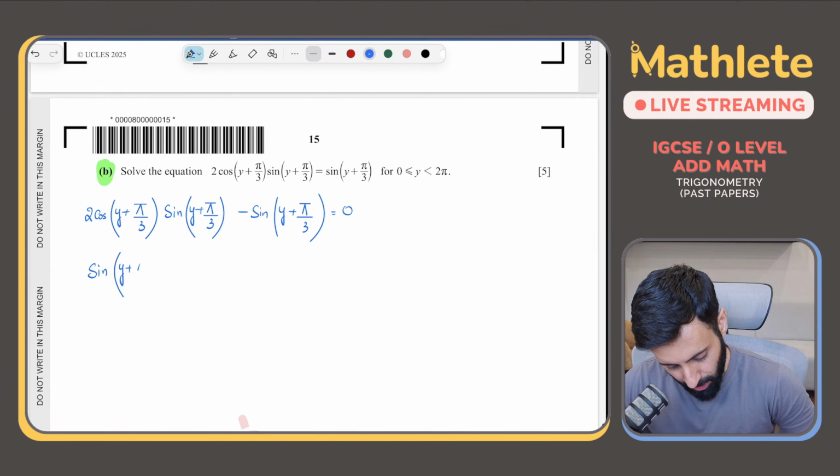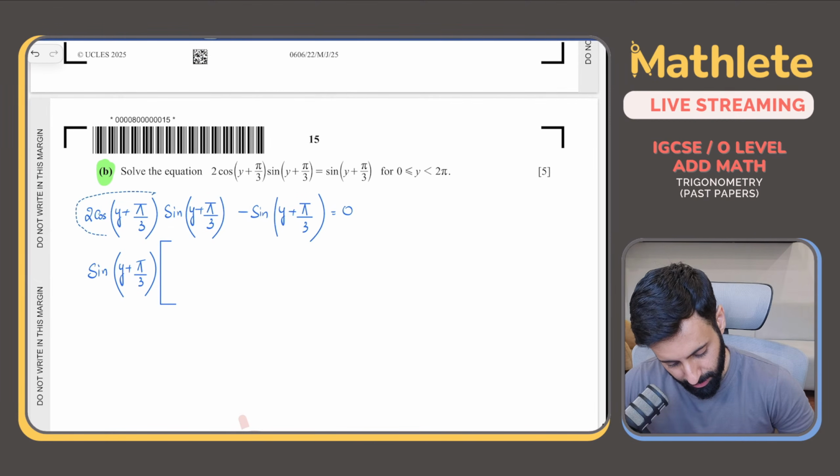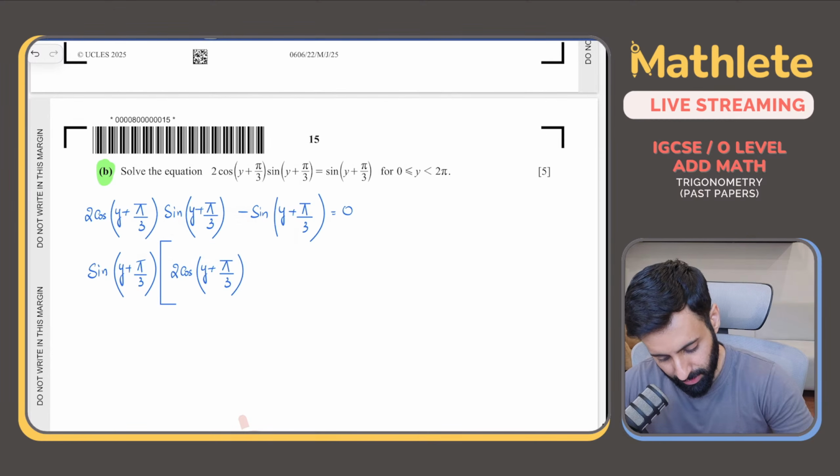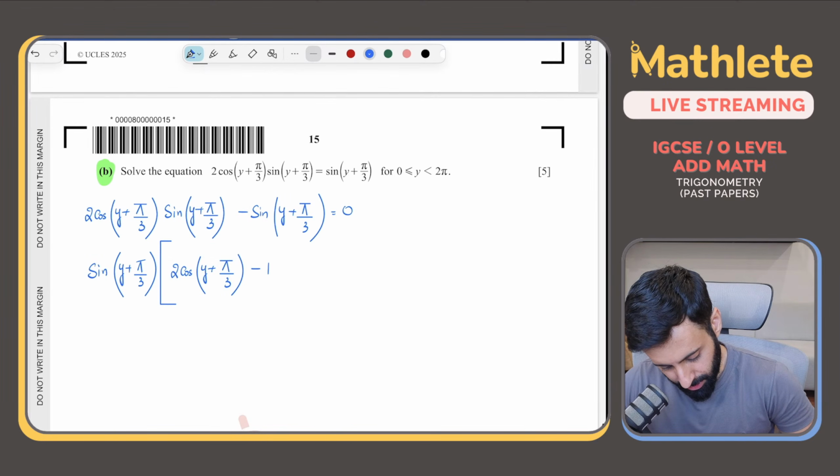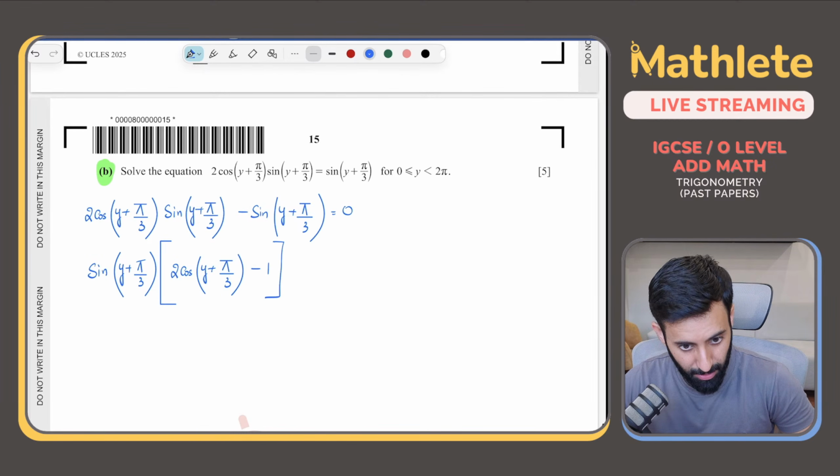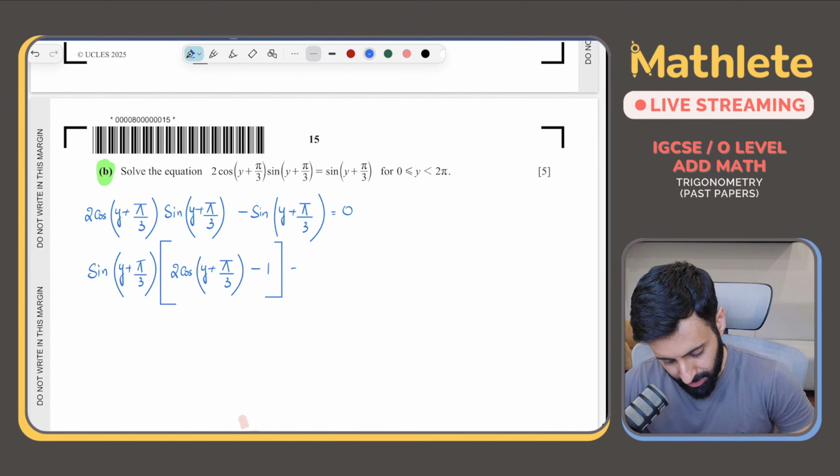So sine y plus pi upon 3, if I take that common, here's what we end up with. So let's open a square bracket. So we have to multiply it by 2 cos y plus pi upon 3, and then simply a -1 so that it turns into sine y plus pi upon 3. Okay, and that's equal to 0.